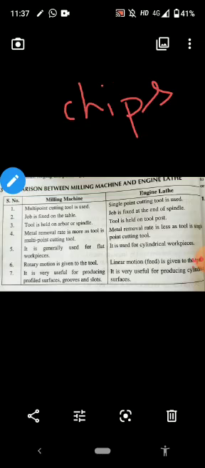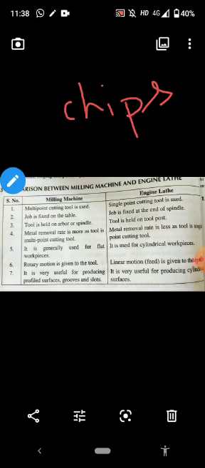Fourth difference is metal removal rate. Metal removal rate in case of a milling machine is higher because we use a multi-point cutting tool. In case of a lathe machine, the metal removal rate is less because we use a single point cutting tool. The fifth difference is that a milling machine is generally used to produce flat surfaces, whereas a lathe machine is used for producing cylindrical workpieces.